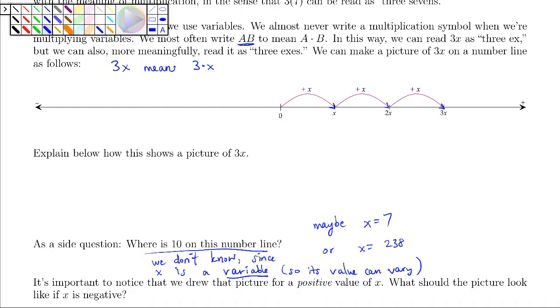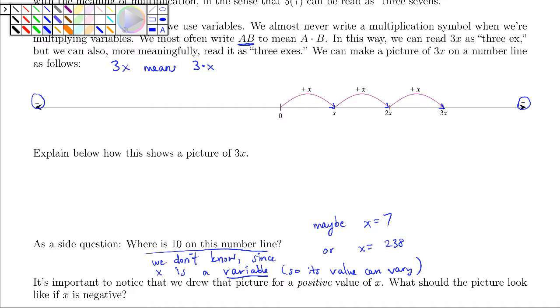Okay, and in this picture, it is important to notice that we drew the picture for a positive value of x. And so I intentionally put a little plus sign here and a minus sign here to indicate that the positive goes to the right and the negative goes to the left. That is our convention.